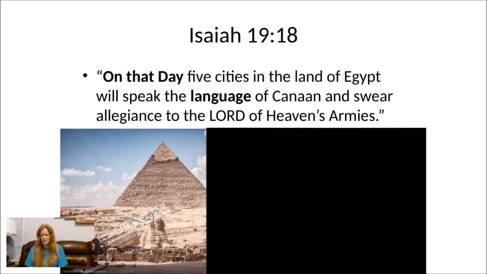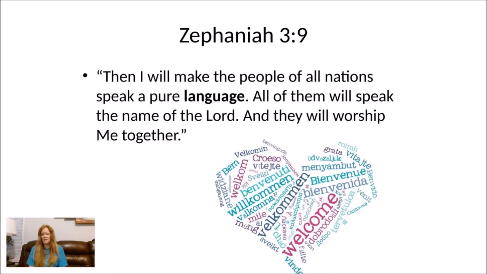All right, there's another verse that also sounds like the effects of the Tower of Babel are going to be reversed in the future and put right again, and that is Zephaniah 3:9. Then I will make the people of all nations speak a pure language. All of them will speak the name of the Lord, and they will worship me together. Is that happening now? All nations are worshiping God together, the one true God?